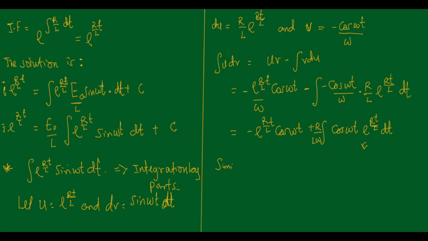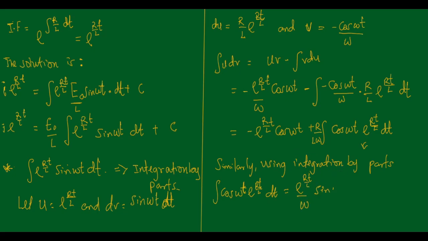So similarly, using integration by parts, we have that the integral of cos omega t multiplied by e raised to power Rt over L with respect to t is equal to e raised to power R over L t divided by omega times sine omega t, minus R over L omega times the integral of sine omega t e raised to power Rt over L dt.